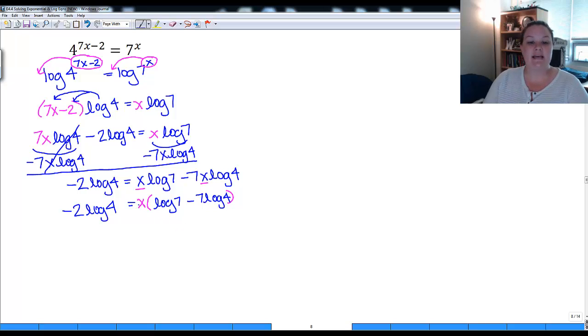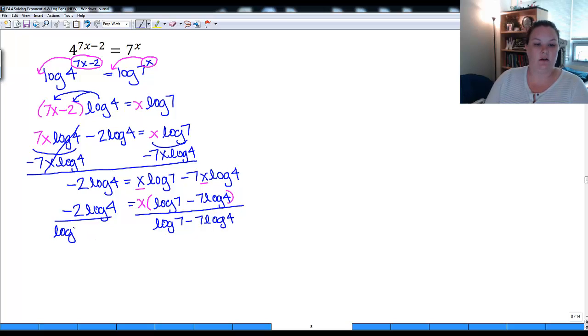And now that I have x outside of that quantity by itself, then I can divide off this piece that I don't need. So log 7 minus 7 log 4 divided by log 7 minus 7 log 4. So that cancels, and so what I'm left with now is x is equal to this mess.